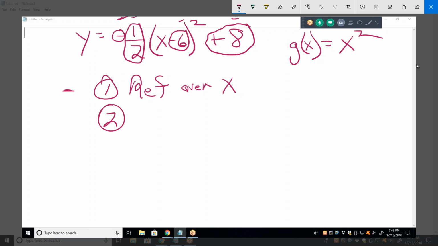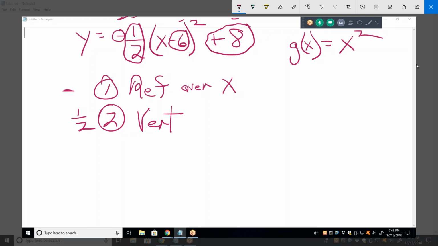The second transformation is this 1/2. Is that inside or outside the function? Outside. Does that make it vertical or horizontal? Everything outside is vertical, so it's a vertical something. Now, it's multiplying the x minus 6 squared.